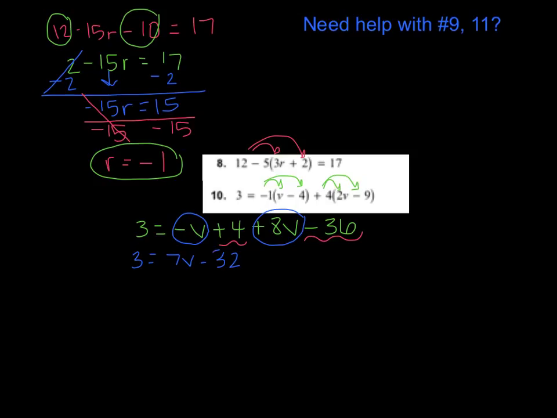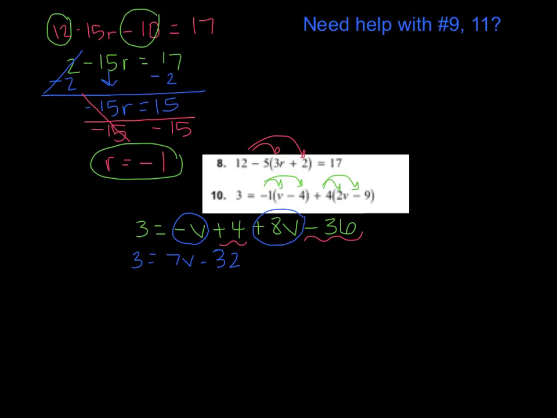Then from here, I can start solving. So even though it's one horizontal line of an equation, you can see that I've done a couple of things. I've distributed, that's how I got the equation to begin with. Then I combined my variables and I combined my constants because they're on the same side of the equal sign. So I was able to clean up my problem and rewrite it as a 2-step.